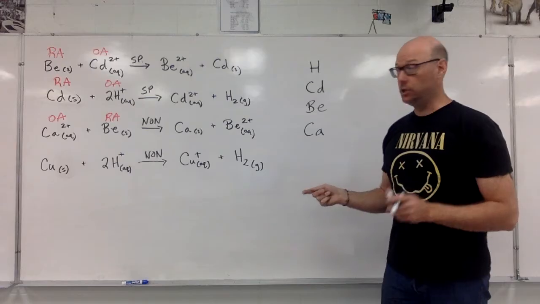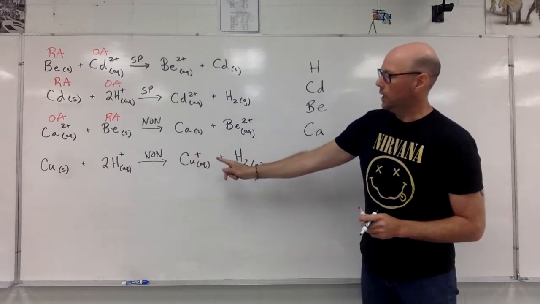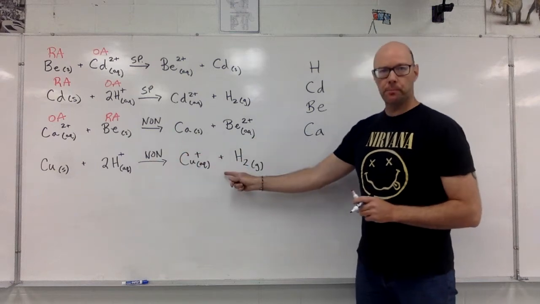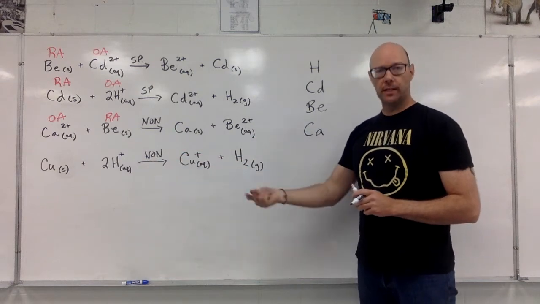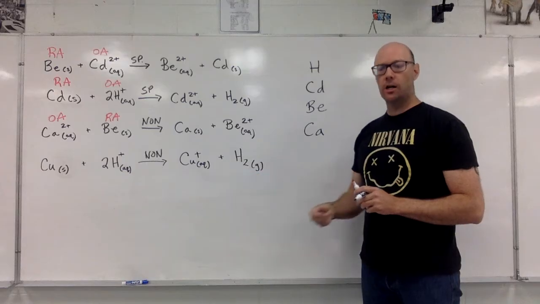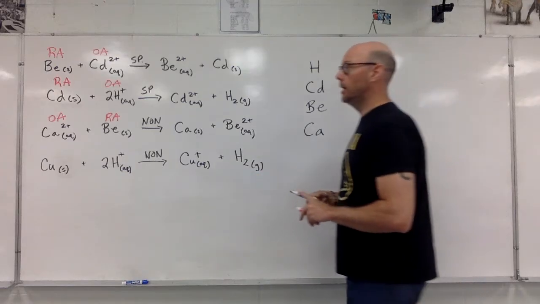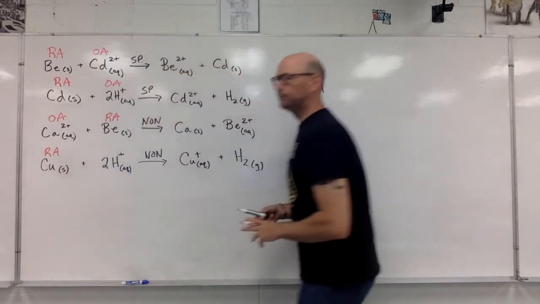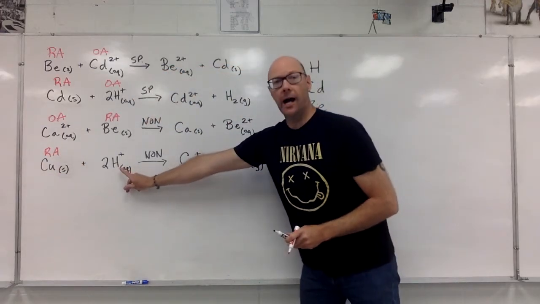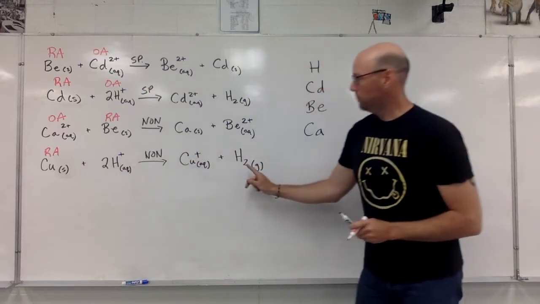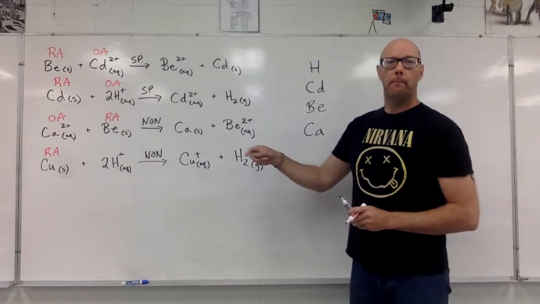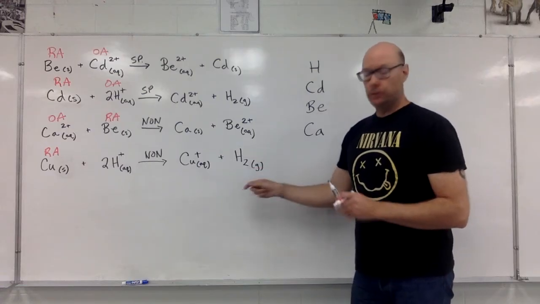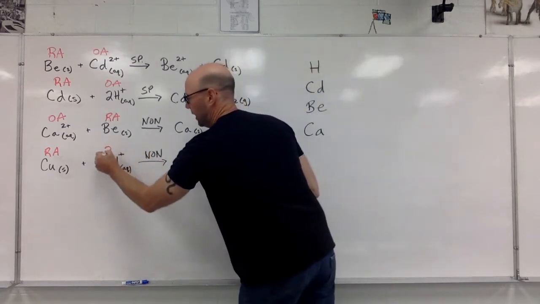The process continues. Copper solid becoming copper 1+. The neutral atom becomes positively charged by losing electrons, by being oxidized. The copper over here is the reducing agent. These hydrogen ions becoming hydrogen gas by gaining electrons, by being reduced, it's the oxidizing agent.